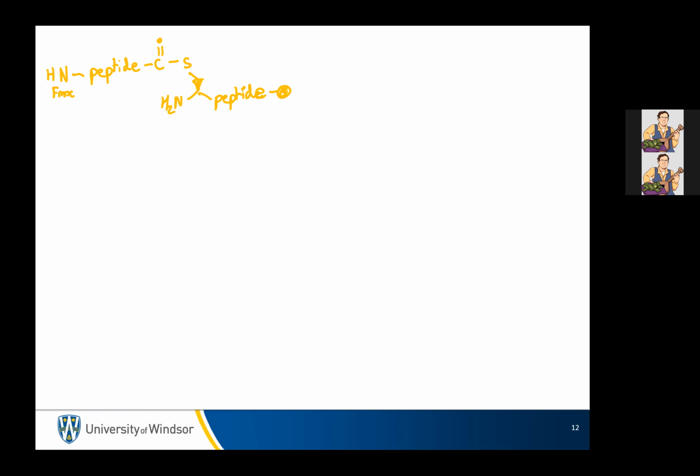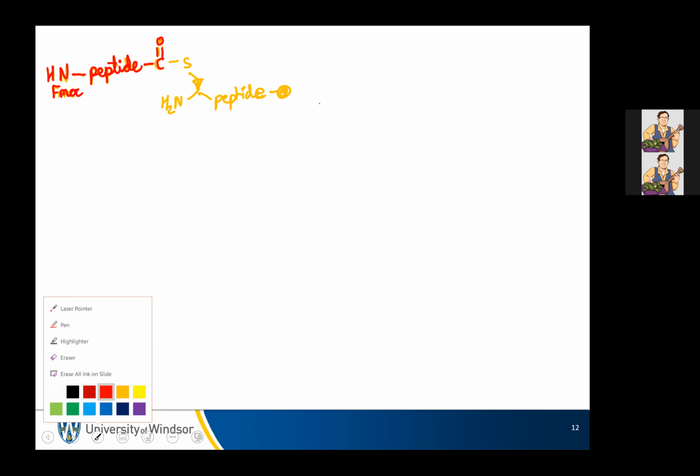Okay, so we have this situation. I'm actually just going to put the first one in red because it was in red on a previous slide. So now we have this thioester that's in really close proximity to this nitrogen.